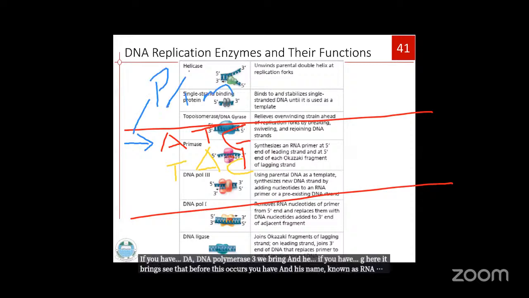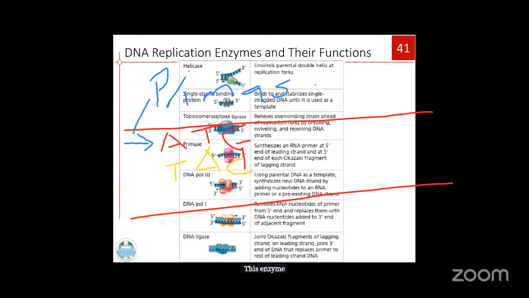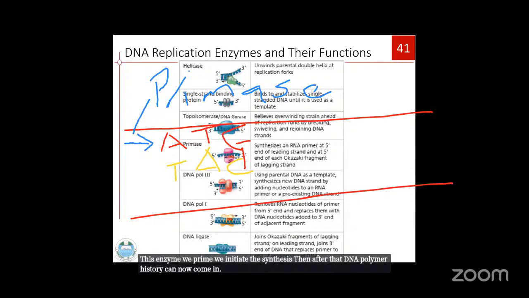This enzyme will initiate the synthesis, right? Then after that, DNA polymerase 3 can now come in and do that process.